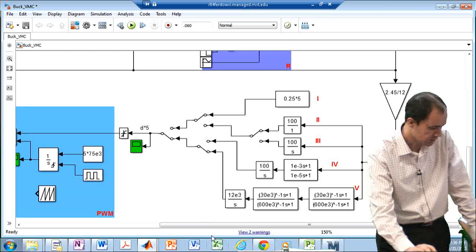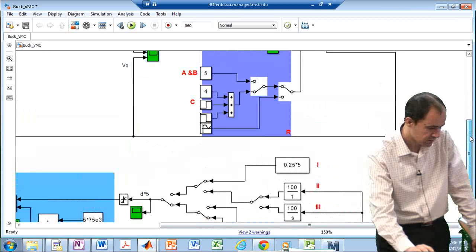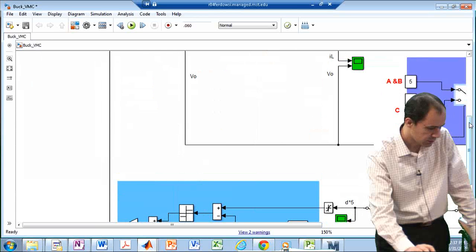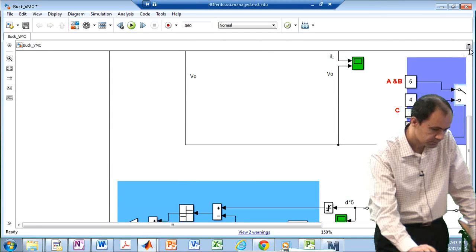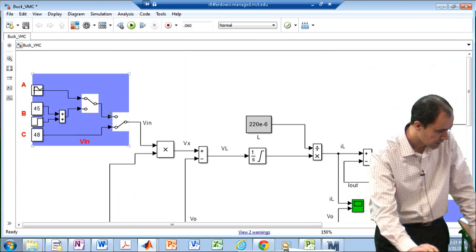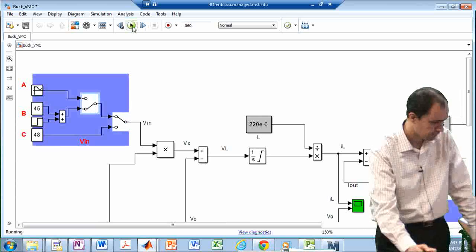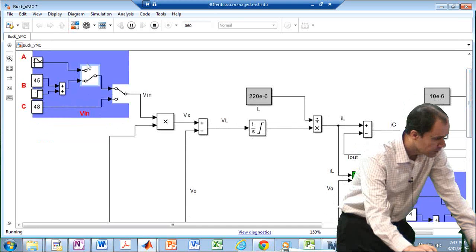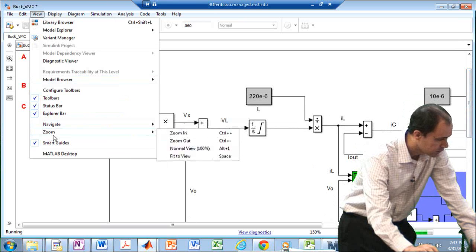So let's see how this system behaves if our load is constant, but our input voltage has a sudden change. Let me zoom it out a little bit.